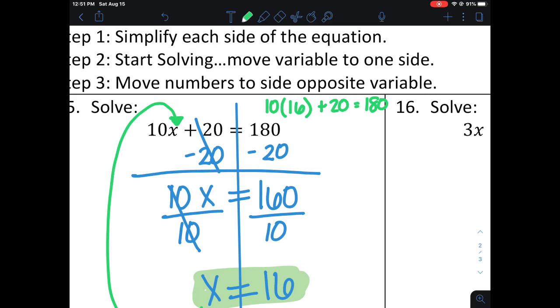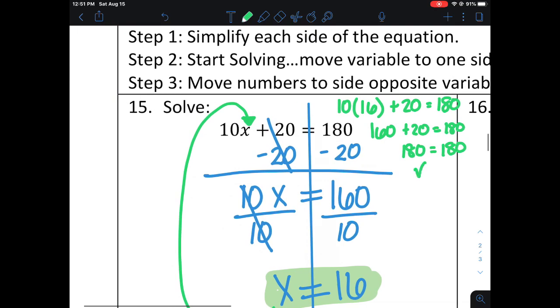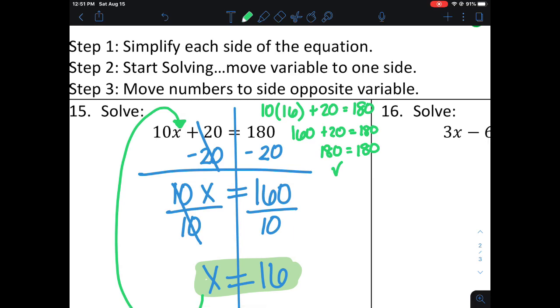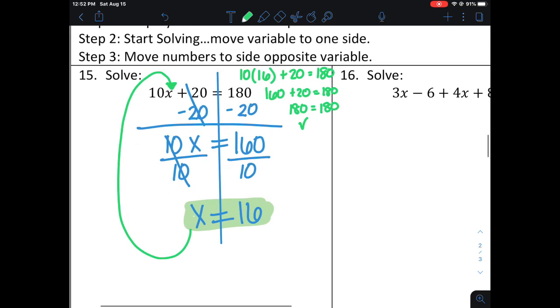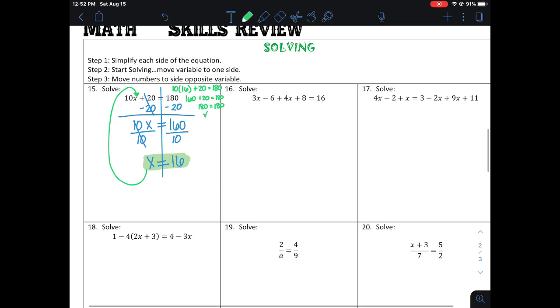Does that make a true statement? 10 times 16 is 160, plus 20 is 180. 180 equals 180. We are good. You don't have to do that, but it's better safe than sorry to quickly check your work. It only took us a couple seconds.